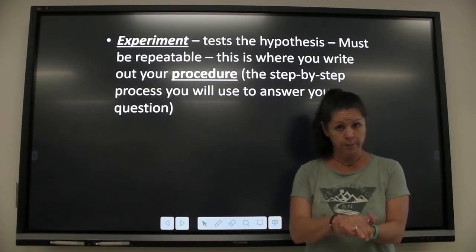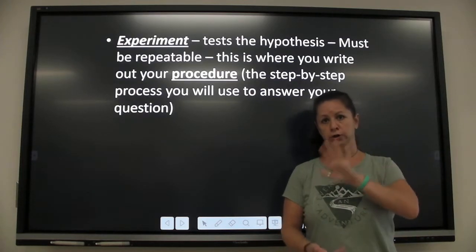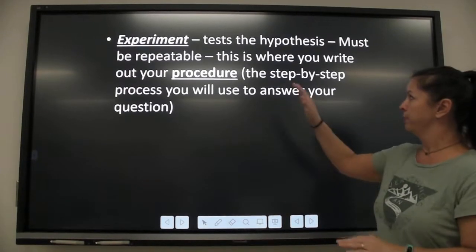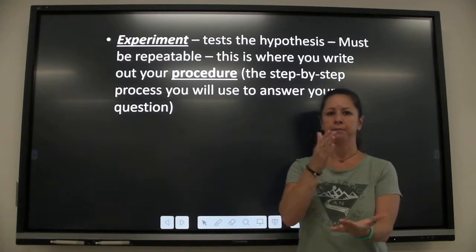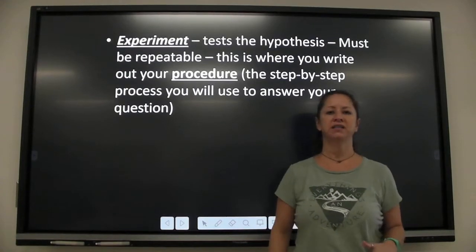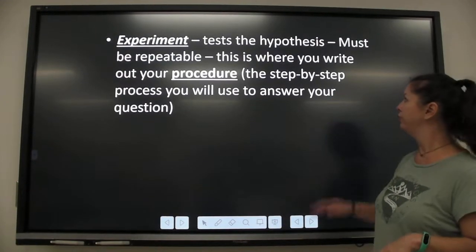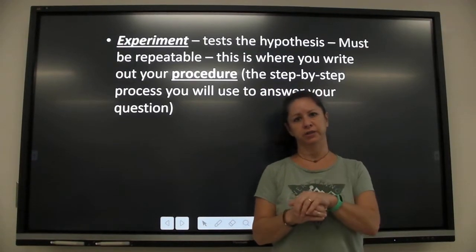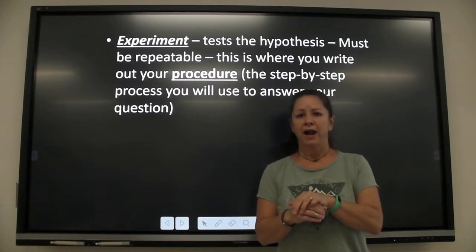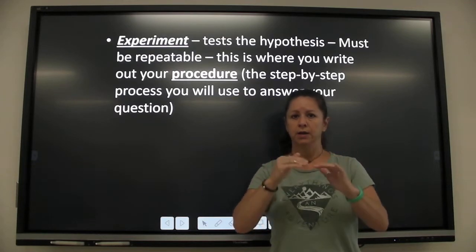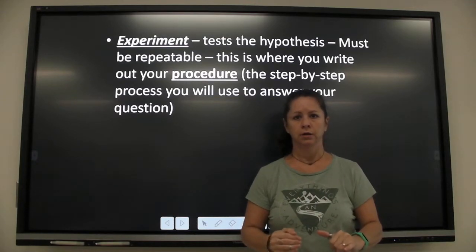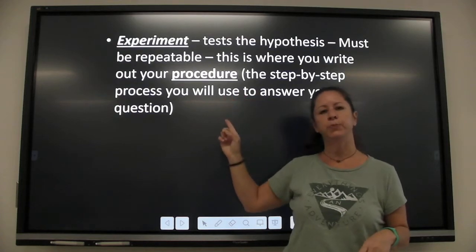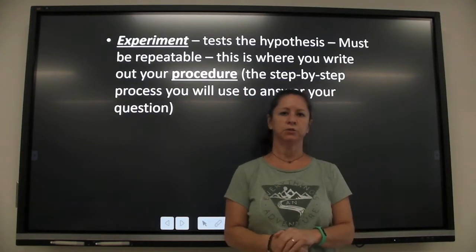And y'all, we're going to talk about writing procedures. You're going to learn about writing procedures. A procedure is the step-by-step process that you use to answer the question. You have to write the procedure. Y'all, without a very carefully written out procedure, you can't repeat the experiment. And that repetition is what you need.